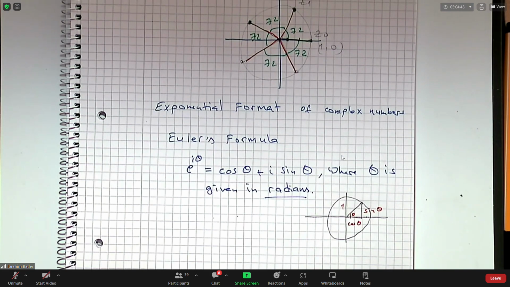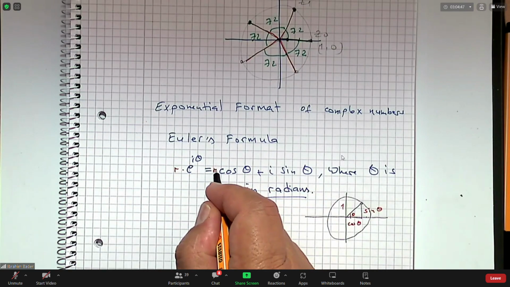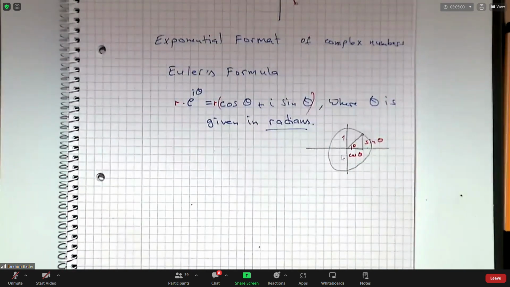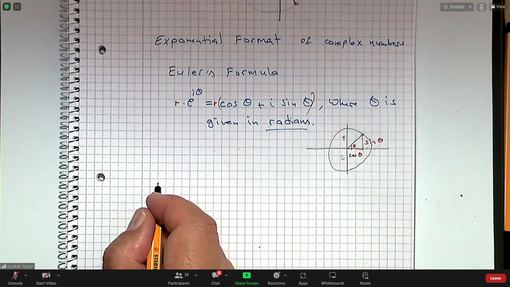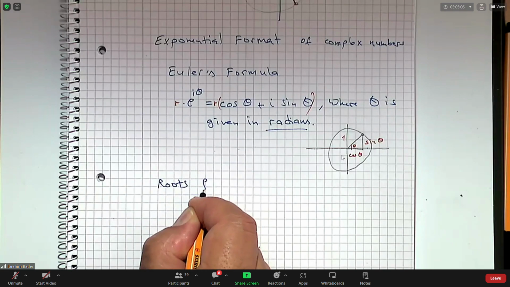As I told you, if you multiply by r here and by r there, it can be generalized not only for 1, but for any positive number. Okay, now I will give you the roots formula.